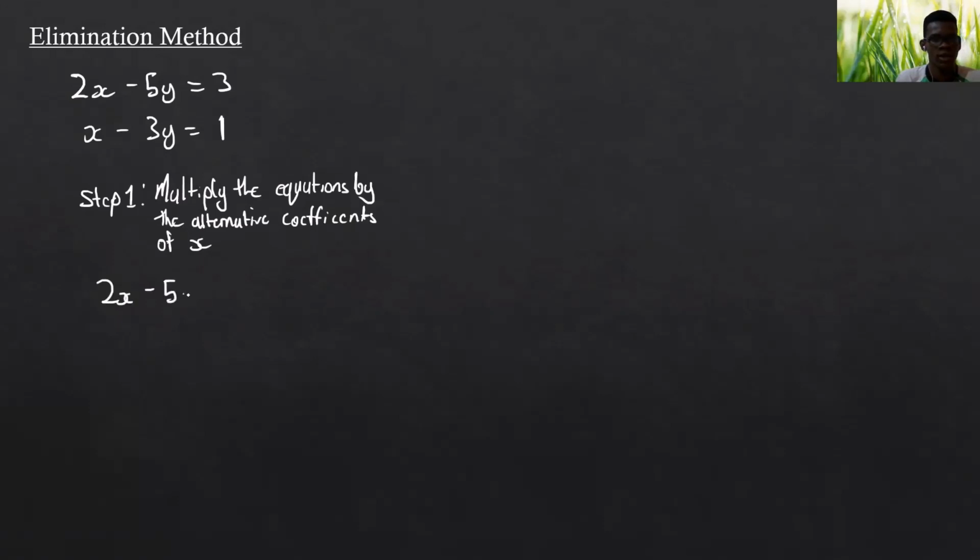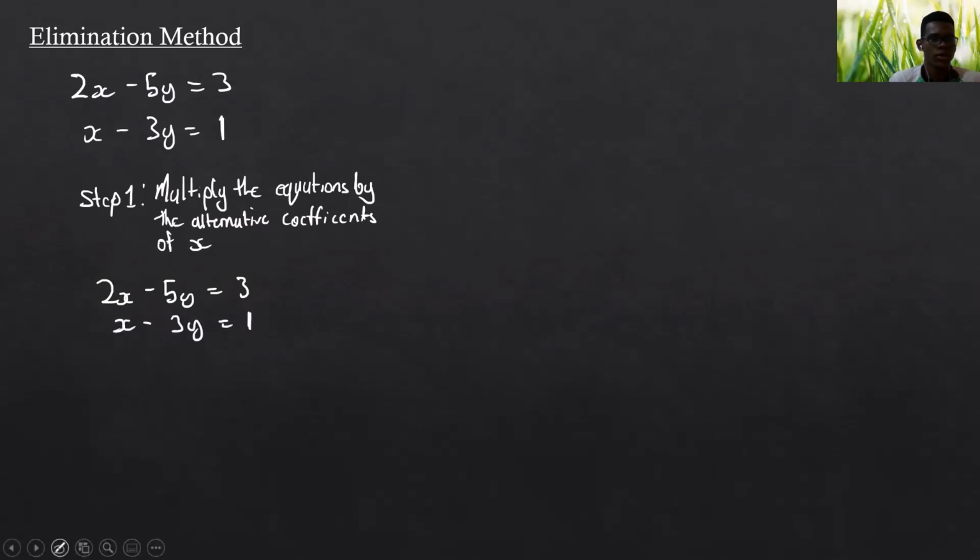Actually, no, sorry about that. Let's call that another step. So 2x minus 5y is equal to 3, and you have x minus 3y is equal to 1. Good.